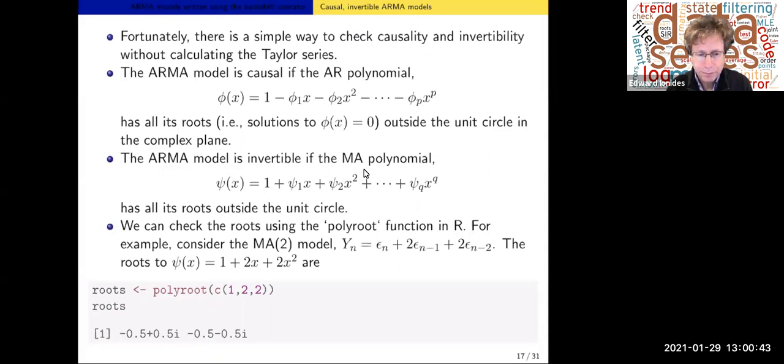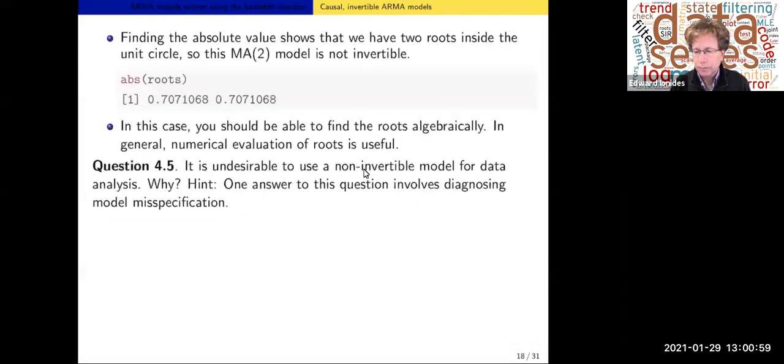And you see, in fact, that they're both inside the unit circle, they're not outside, and so the moving average model is, in this case, not invertible. Here you go. You can do abs of the roots to check that calculation. And again, in this particular case, it's a quadratic, so you could find the roots by hand, but in practice, it's more general just to use the software polyroot.